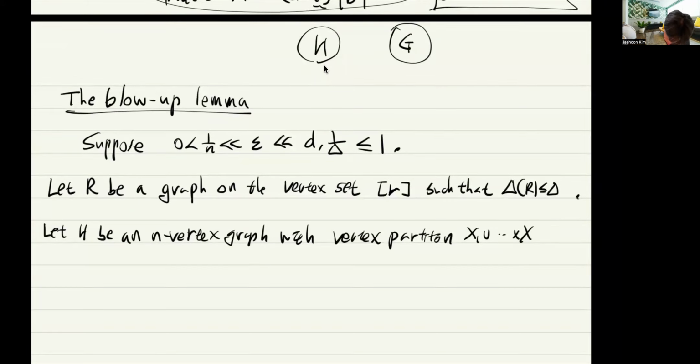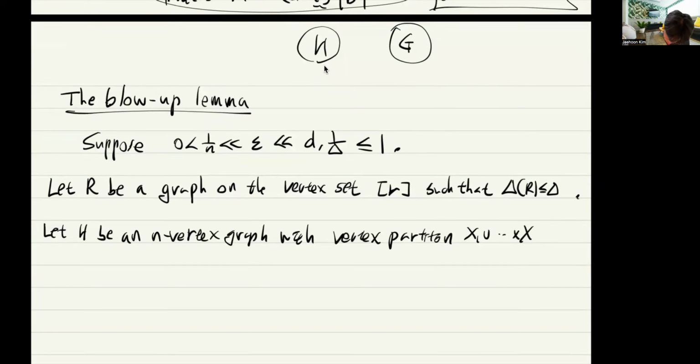This is again an n vertex graph. Yeah, I mean, let's not use this as n vertex graph. So let's denote n as the size of each Xi and Pi.